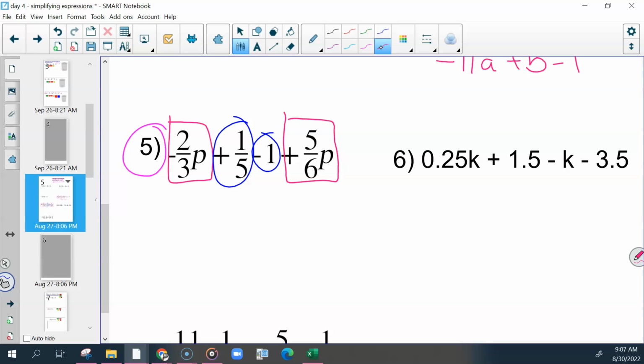So if we were to combine these two, could we combine them as is? No. Hila? Yes. What would a good common denominator for this be? You guys can say that loud. 6. So this one's already 6. When we change this to 6, we're doing what?